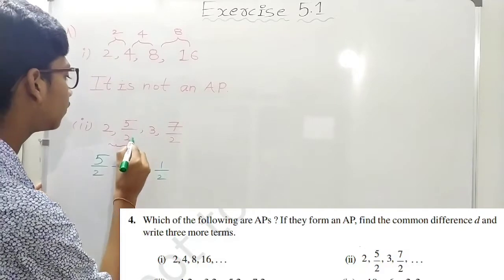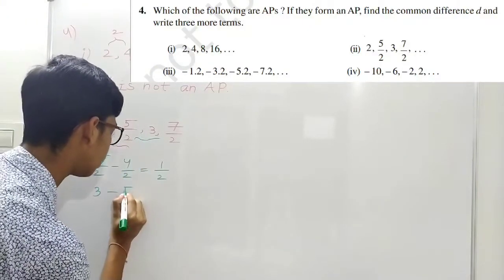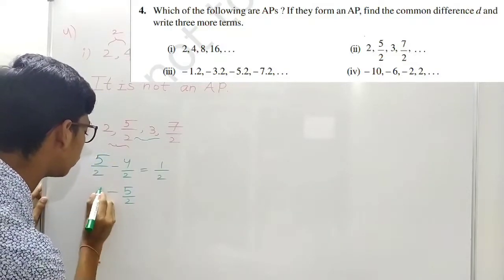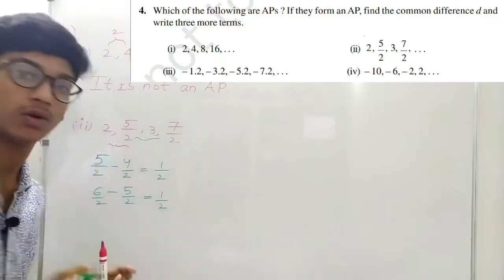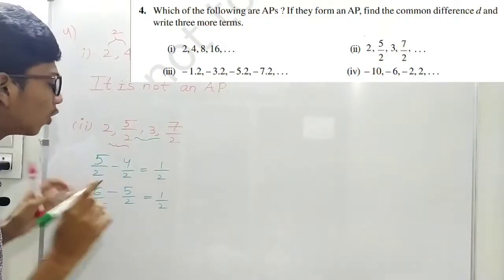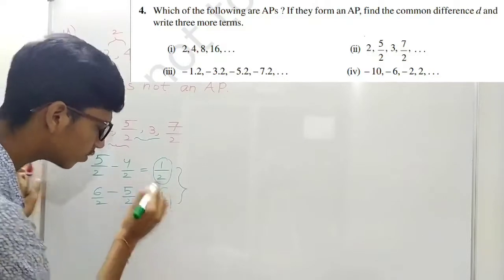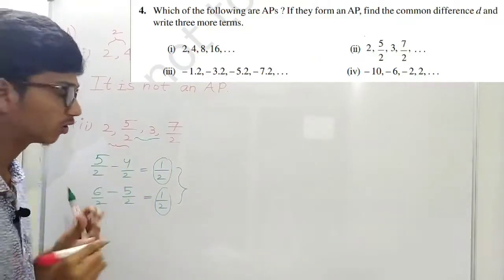The difference between 3 and 5 by 2: 3 can be written as 6 by 2, so it is also 1 by 2. And the difference between 7 by 2 and 3 is also 1 by 2. So we are getting a fixed value, that is 1 by 2. So we can say that it is in arithmetic progression.